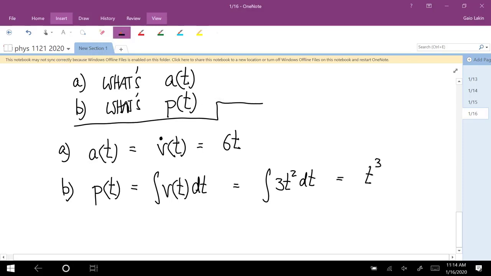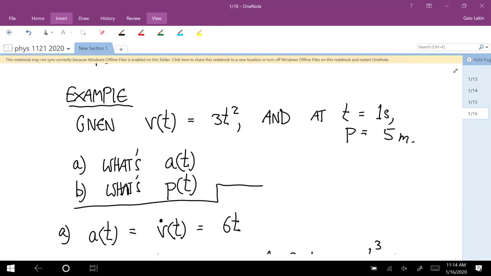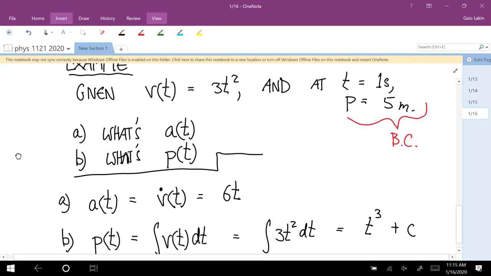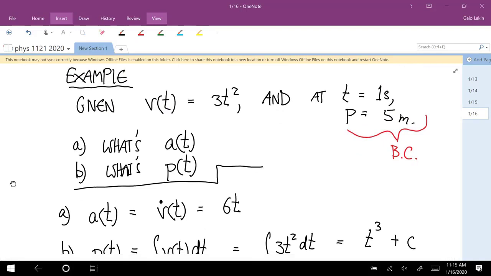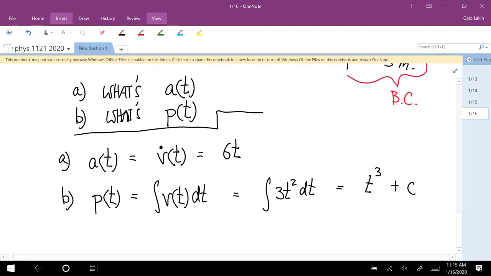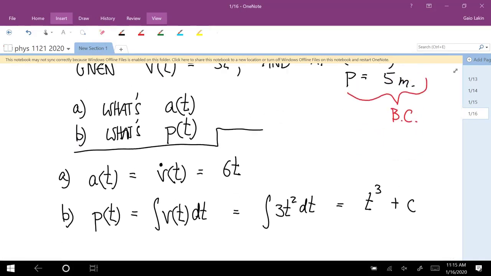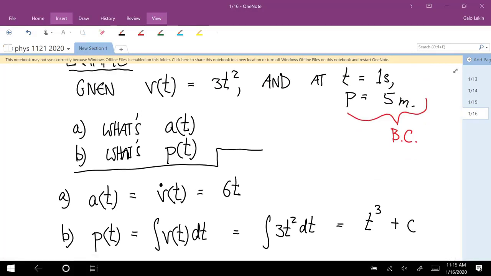And so that's t to the third plus this constant c. Now that's where we're going to use this boundary condition to calculate c, because we know that when time is equal to 1 second, this function representing the position has to be equal to 5.